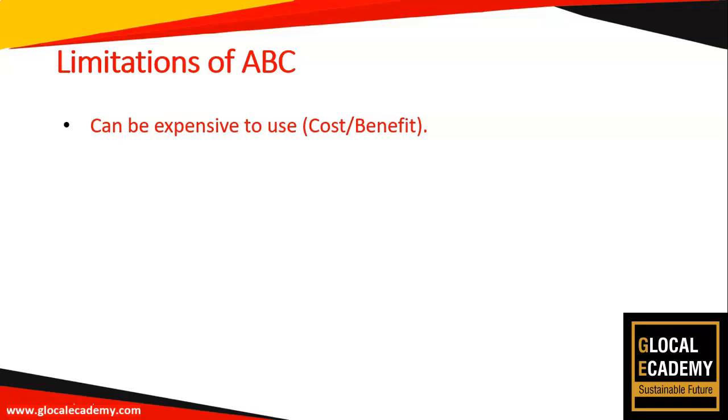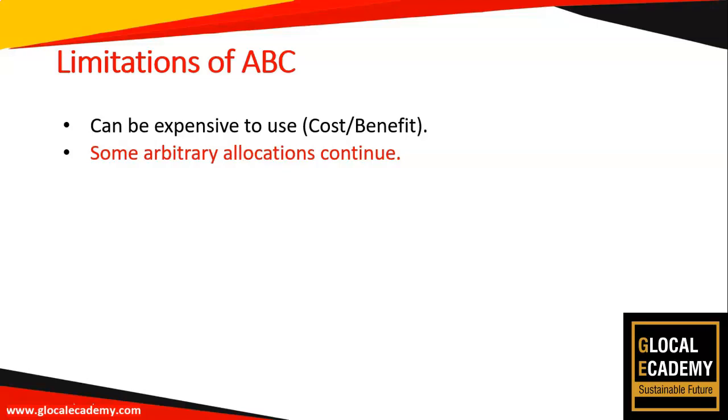So that's one of the limitations, that activity-based costing can be expensive. There could be more cost involved in implementing activity-based costing, and sometimes the benefit of implementing activity-based costing might not justify the cost involved, and that's one of the limitations.